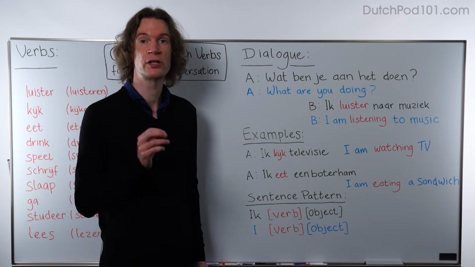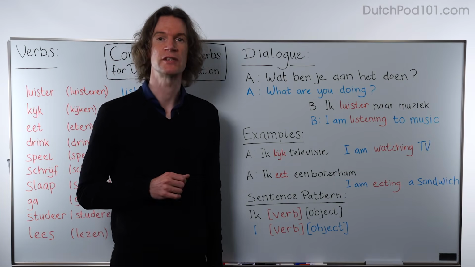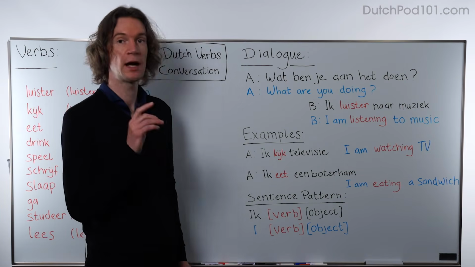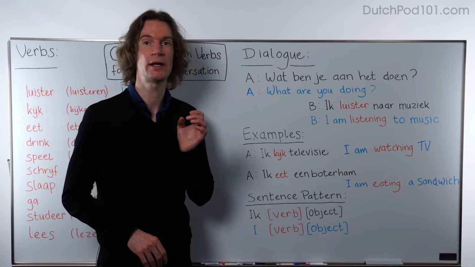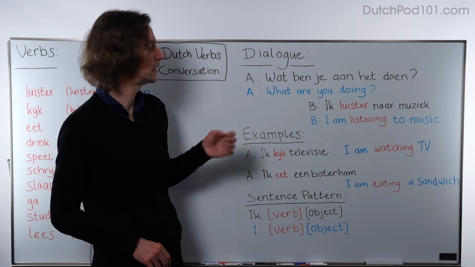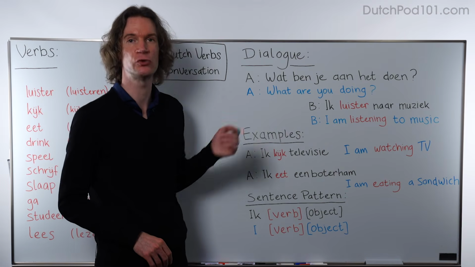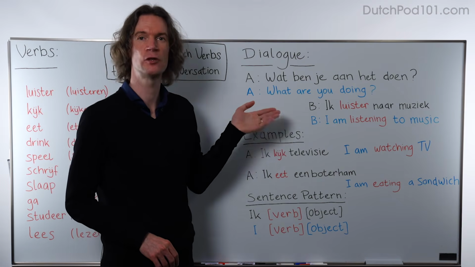In Dutch, the general description for listening to music is muziek luisteren. However, when conjugated and used in a sentence, the particle naar, or to, is added. Ik luister naar muziek. I am listening to music.